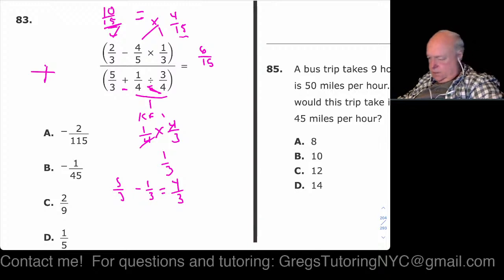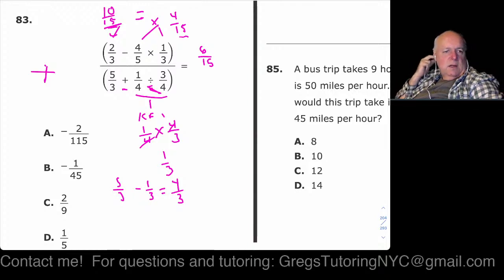Let me see here. Did I do that right? Let me just double check everything. I have 4/5 times that, we get 4/15. Bring that to 15ths, we get 10/15. So the numerator, we get 6/15.